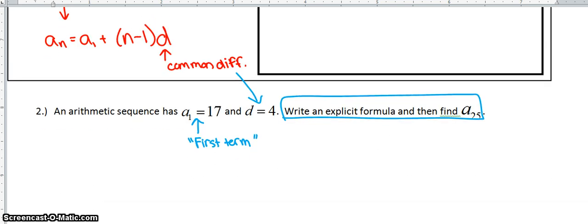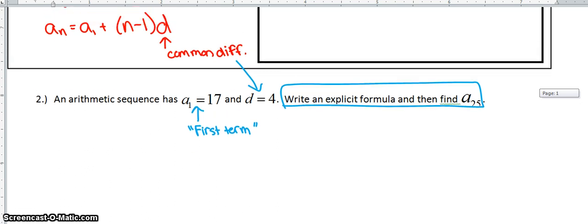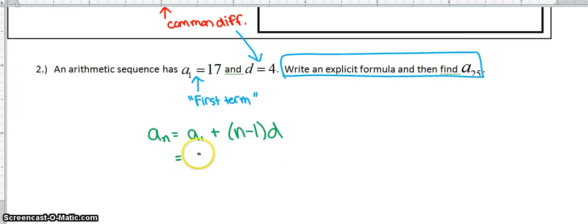Okay, so why might I want to use this formula instead of the other? And again, you could use either one and you'll get the same thing, but sometimes one's more efficient than the other. So if I know the formula is a_n equals a_1 plus (n minus 1) times d, then I can just plug in what I know. So a_1 is 17. I don't know n yet, because I'm writing an explicit formula. And our common difference is 4.